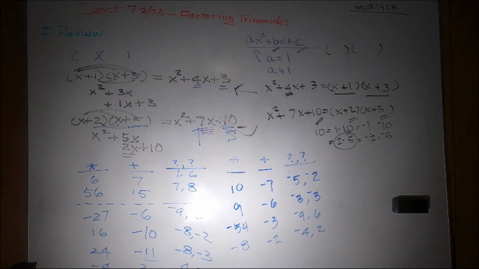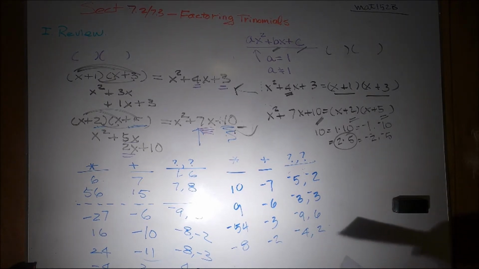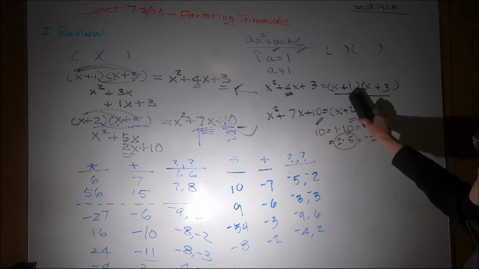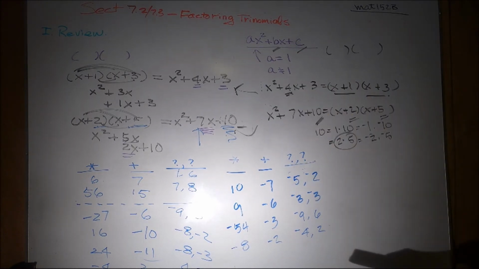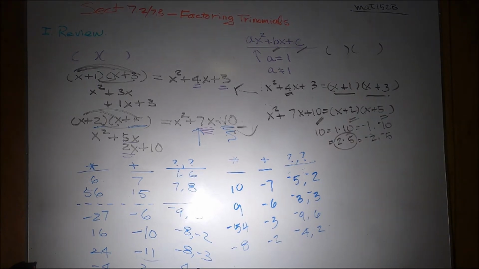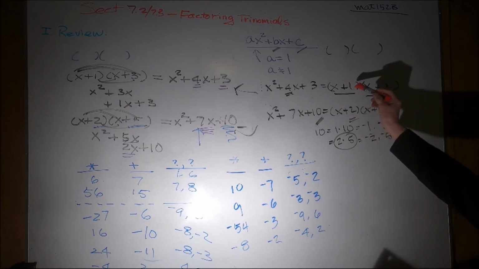So think about it. What are we doing? We try to find the two numbers, a pair of numbers. When you add together is what? The B. Add together is your B, right? Multiply together is your C. So that's what we try to do.